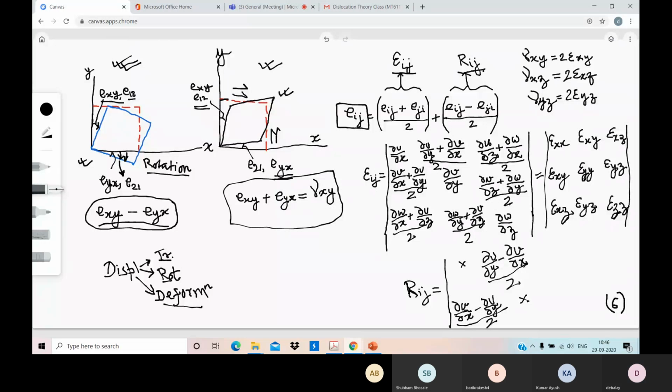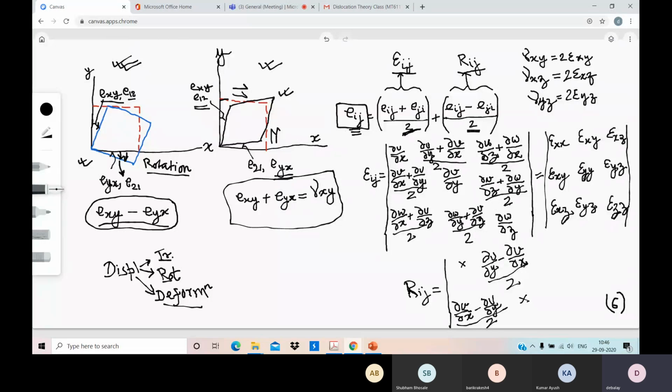Simply with each term Eij, I can write it in this form: (Eij plus Eji) divided by 2 and (Eij minus Eji) divided by 2. Simply by this way, I can write one part as plus, one as minus. So if you add these two, you will find you are getting Eij.